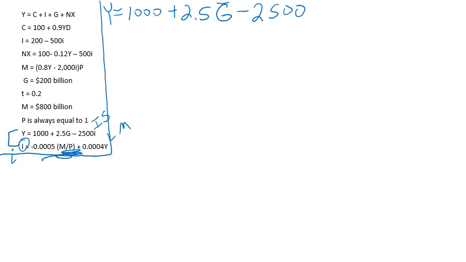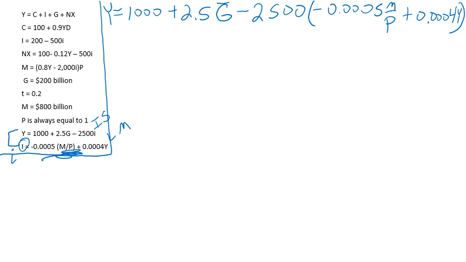Parentheses, negative 0.0005 M over P, plus 0.0004 Y, end of parentheses. Wow. Okay, I squeezed it all in.